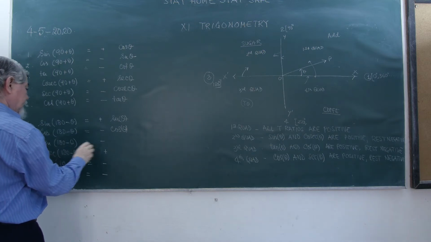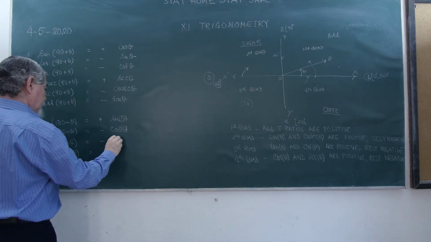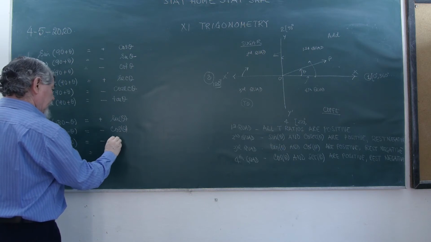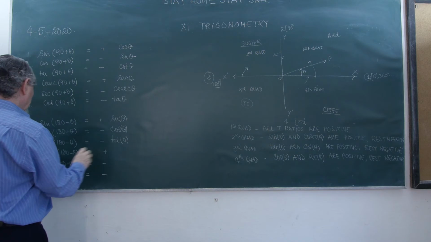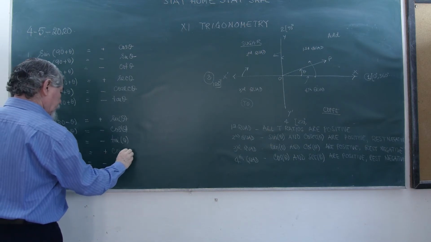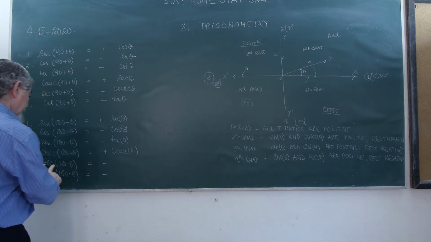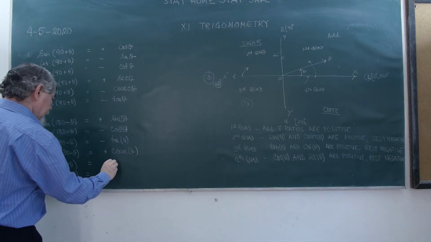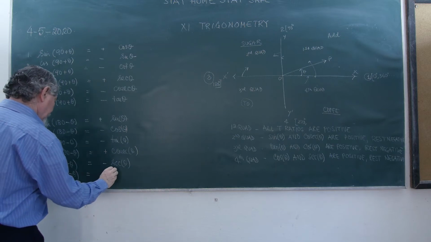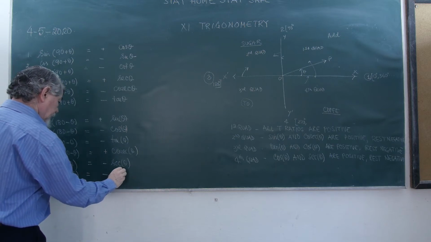Tan(180 minus theta) is minus cot theta, sorry, minus tan theta. It remains the same. Cosec(180 minus theta) will remain plus cosec theta only. Sec(180 minus theta) will become minus sec theta. And cot(180 minus theta) will become minus cot theta.